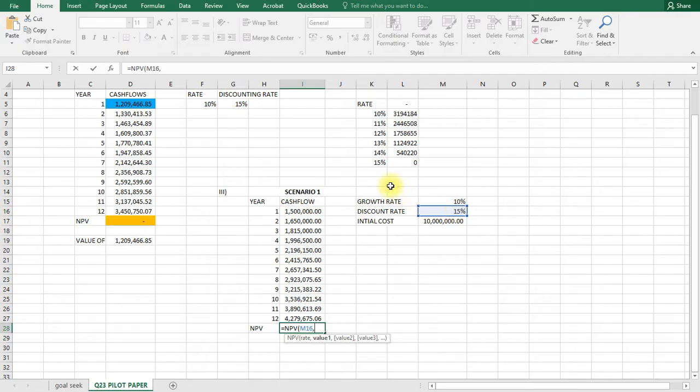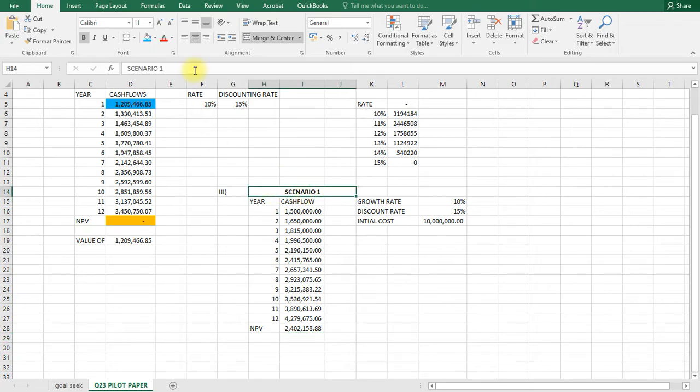I will put a comma. I select my values here, all the values that way. I will close that particular bracket, and I will minus the initial cost, and I will enter. So this is my scenario 1, and this is my NPV under scenario 1.